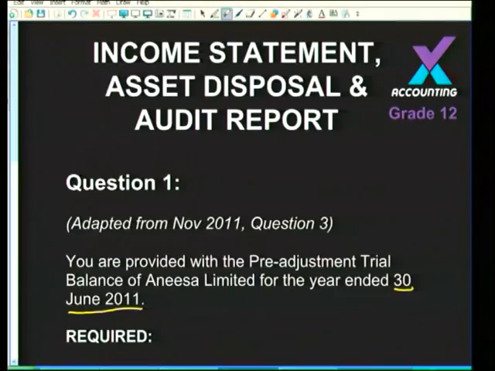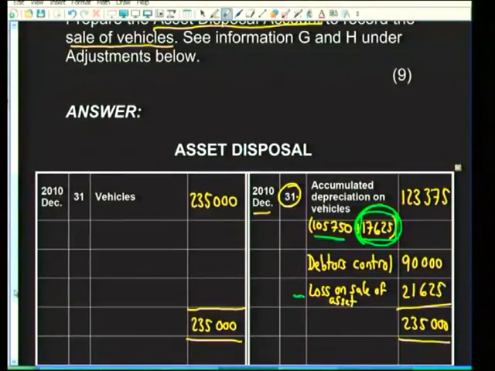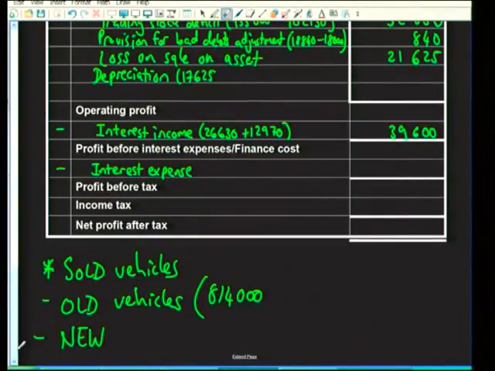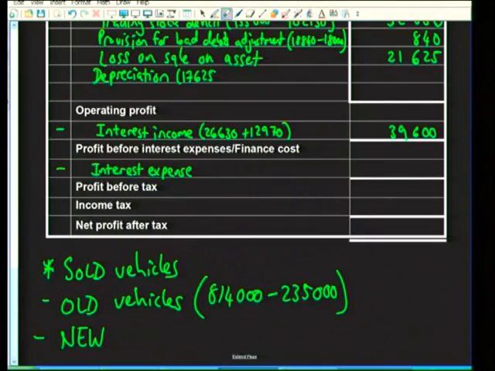Why not? Because we sold one. We sold a vehicle to the value of 235,000 Rand. That is the cost price of the vehicle that we sold. So we no longer have the 814,000. We actually have 814,000 minus 235,000 because that vehicle is no longer with us. We have sold it. So our new cost price of vehicles will be the answer to that calculation. And then we still have to depreciate that at 15% for an entire calendar year.